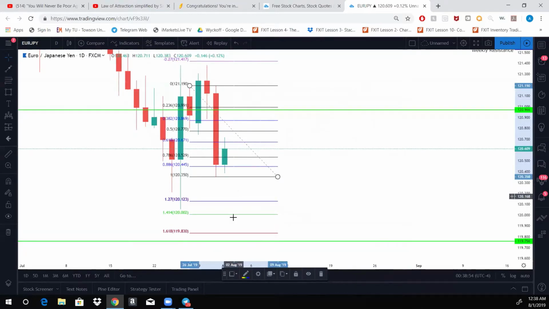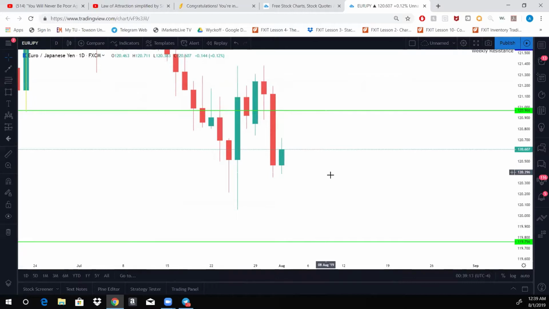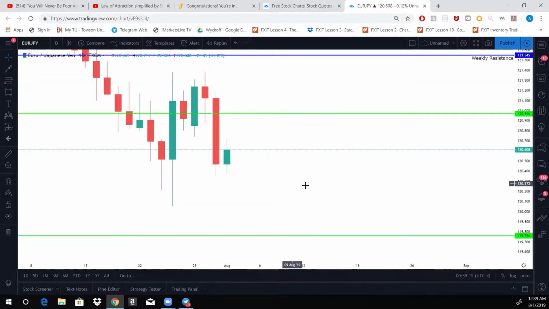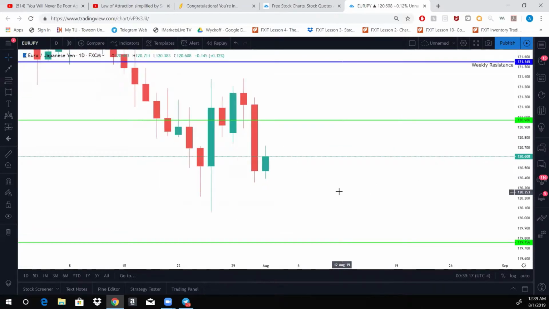I reverse it so that I get the same levels as we saw earlier, measuring from the high to low and then low to high to get the same thing. It's just less traffic on the chart. For that reason, I just use reverse fibs, but it's the same thing as Fibonacci extensions. Okay. So yeah.